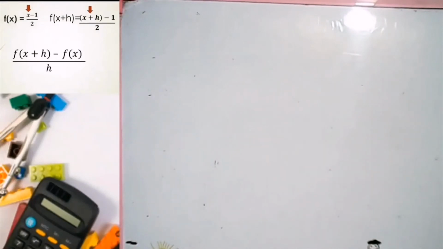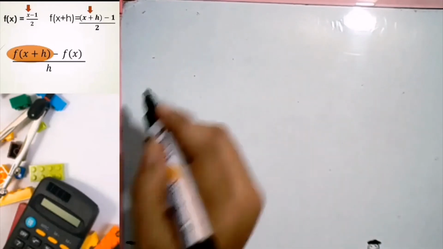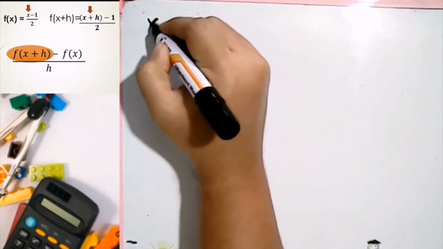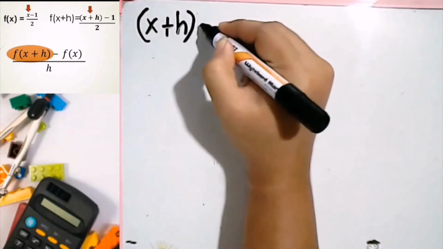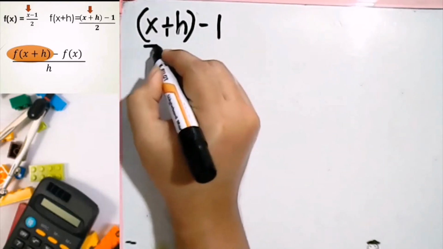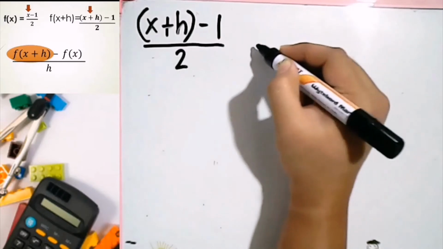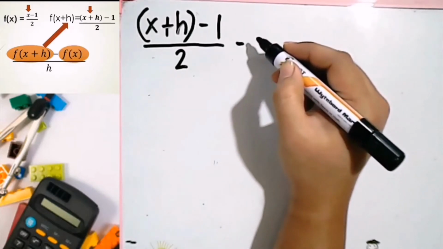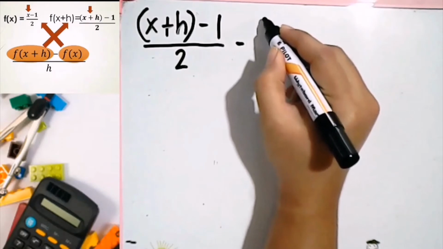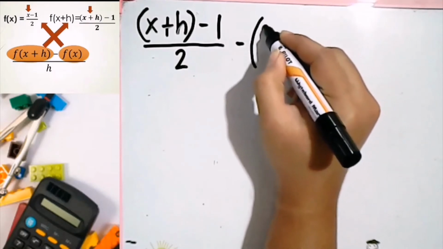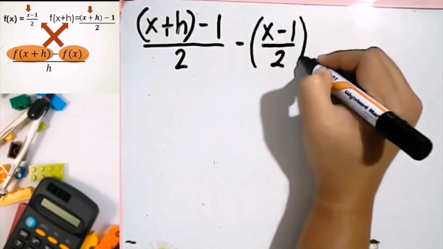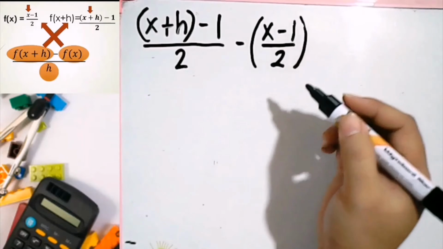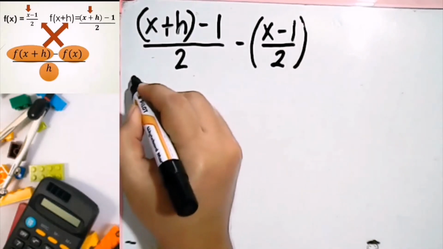All we need to do is substitute the value of f of x plus h, which is x plus h minus 1 all over 2, and then minus f of x, which is x minus 1 all over 2, then divide it by h. So divide by h.